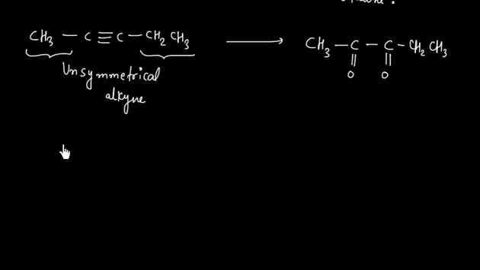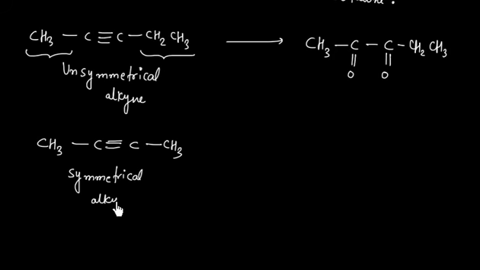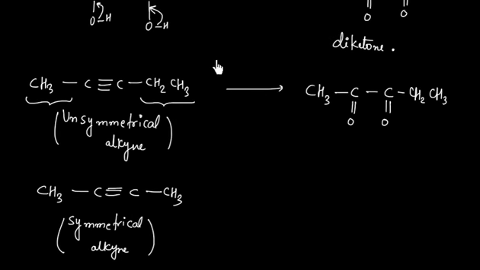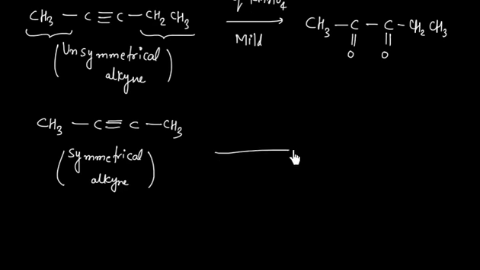Similarly we can have a case of symmetrical alkyne. So this is a case of symmetrical alkyne. And if this is treated with aqueous KMnO4 and the condition is mild, it will also form a diketone, but this time the diketone is symmetrical.